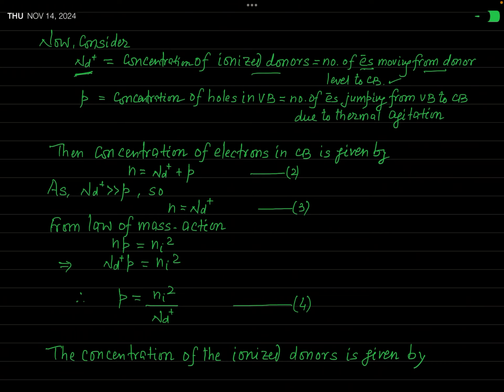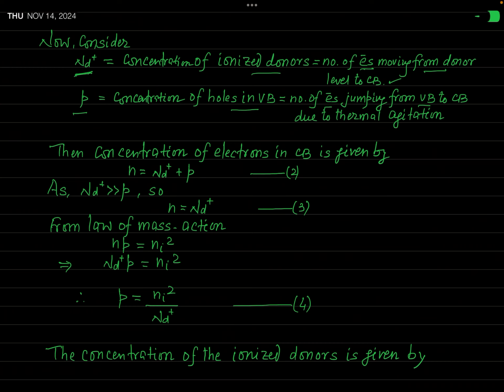Now we consider P equal to the concentration of holes in the valence band. But you know, the number of holes present in the valence band and the number of electrons jumped from the valence band to the conduction band is the same. So this concentration of holes is also equal to the number of electrons jumping from the valence band to the conduction band due to thermal agitation.